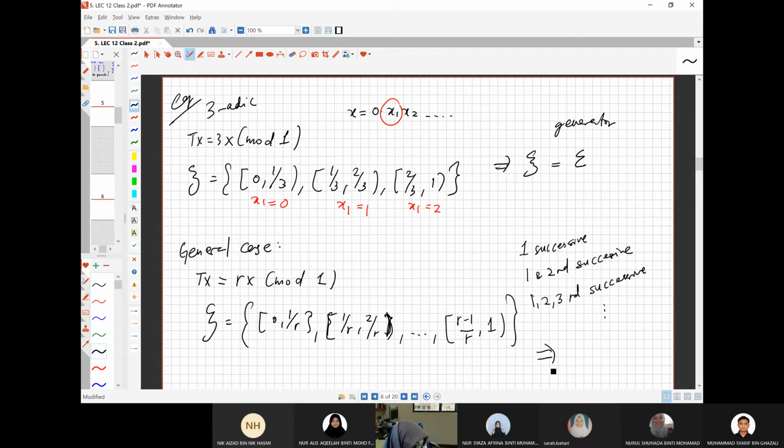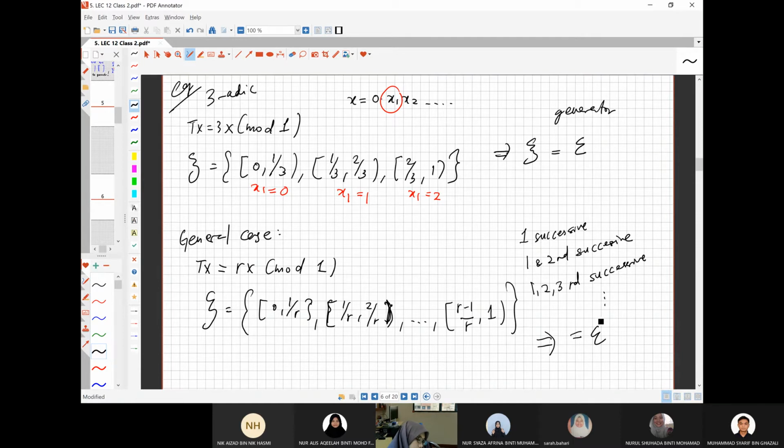So at the end you will get this is equals to the generator, is equal to the largest partition, which is, that means our psi is the generator.